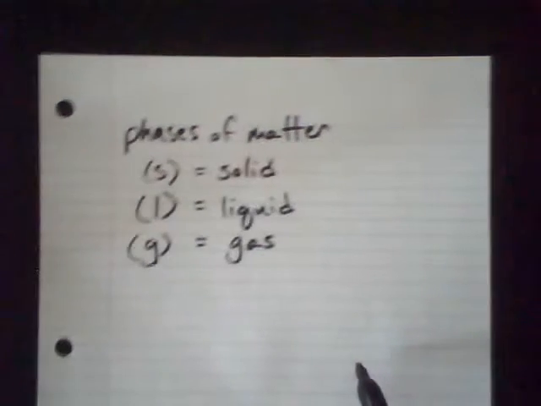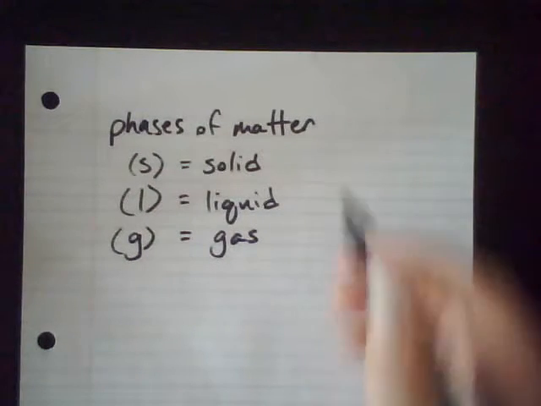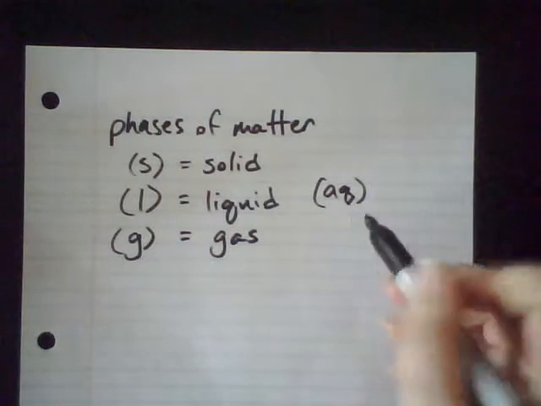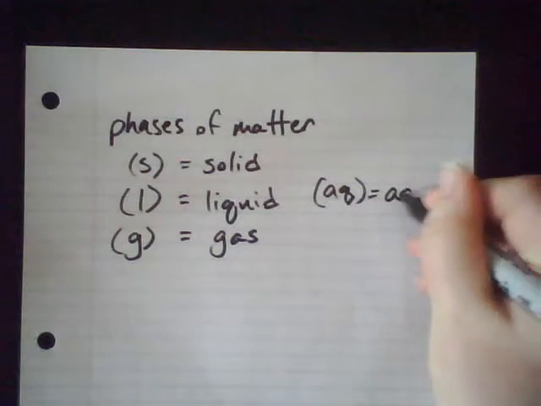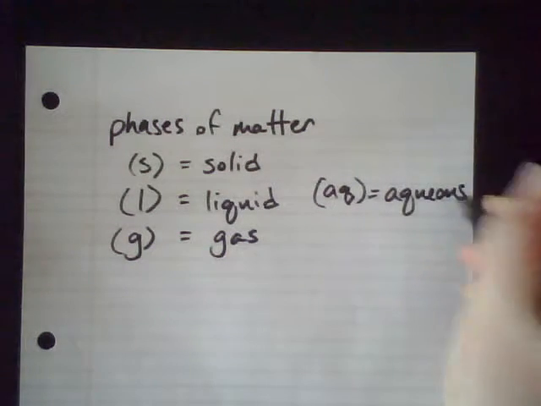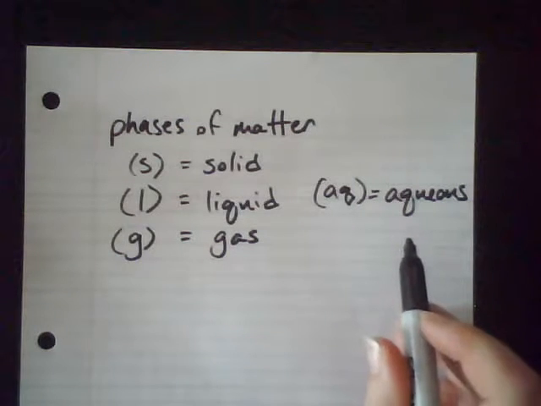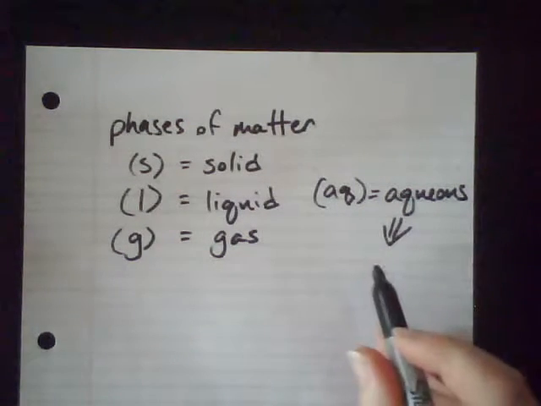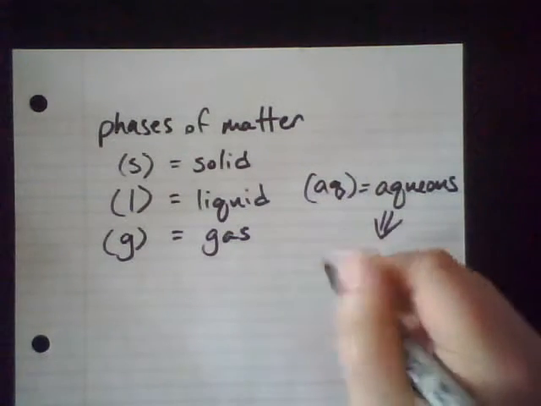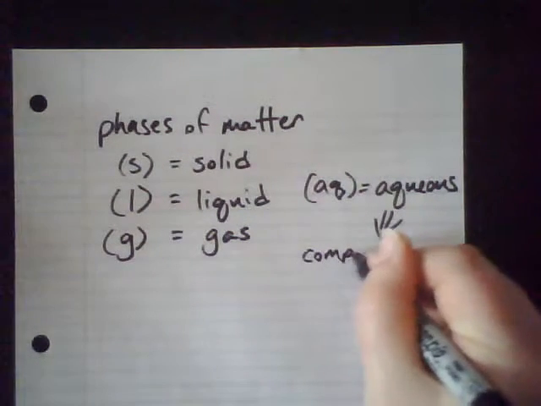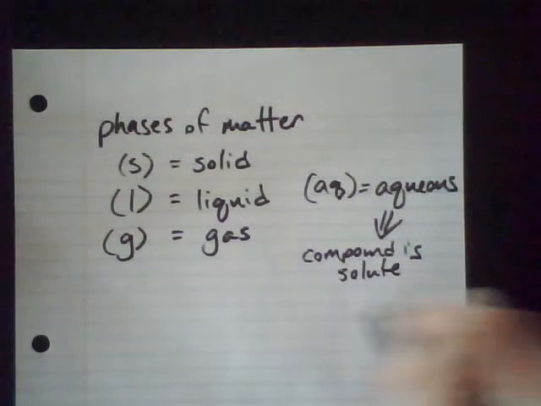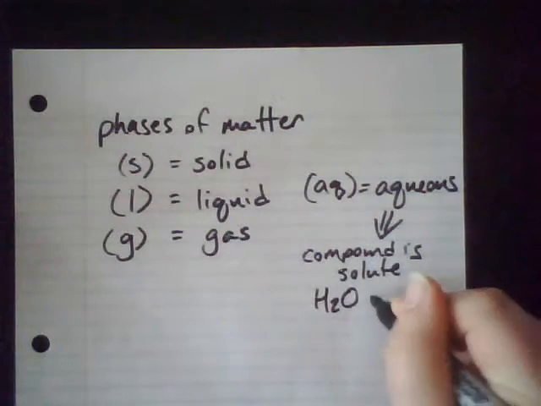Now the other option that we have for phases of matter, and this is kind of a new one here, is AQ. If we have AQ in parentheses, that means that it's aqueous, and this goes to what we were talking about with solutions, because aqueous means that the solvent in the solution is water. So the compound itself is the solute, and water is the solvent.